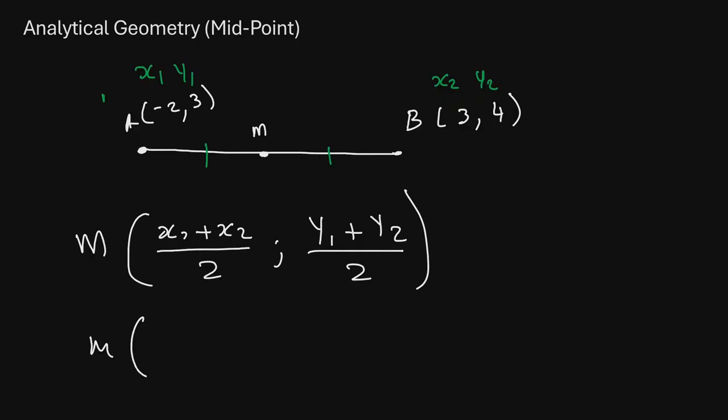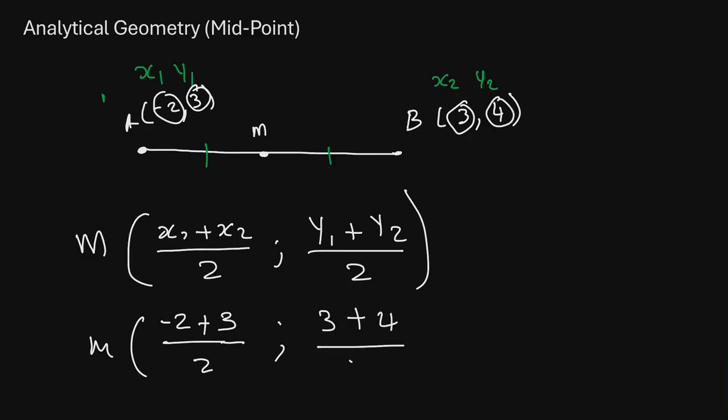The x1 is -2 and the x2 is 3, divided by 2, and the y1 is 3 and the y2 is 4, divided by 2.